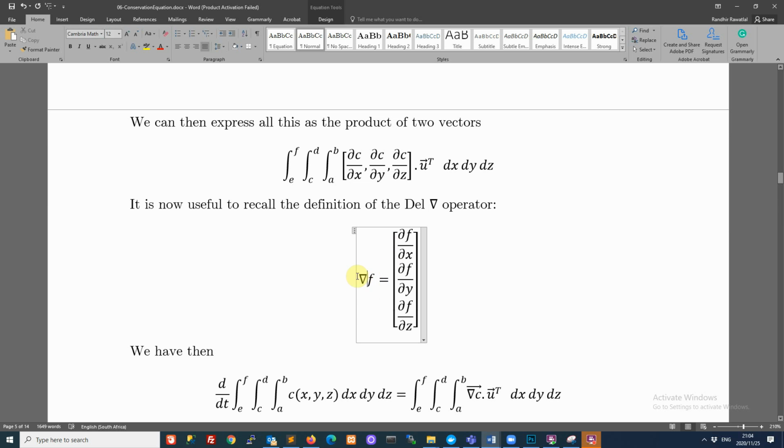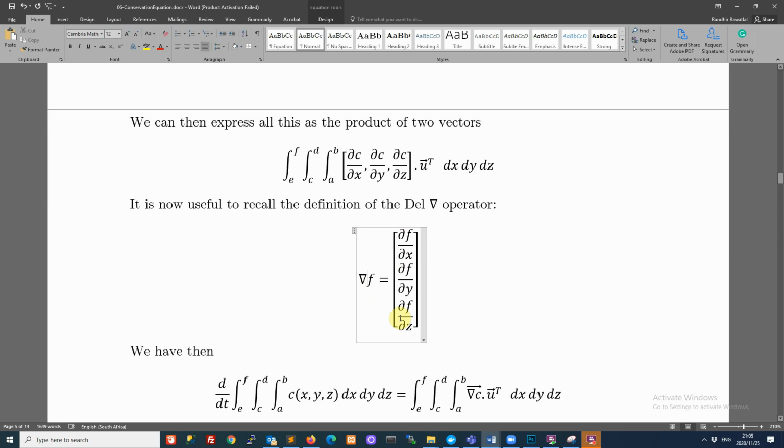This is the del operator, so it operates on a function. So this operation is basically differentiating f with respect to all the variables in this del definition. So this is ∂f/∂x, ∂f/∂y, ∂f/∂z. So we understand this as basically a derivative of f in all possible dimensions of f. Note here that f is a scalar, but the del of f is actually a vector.